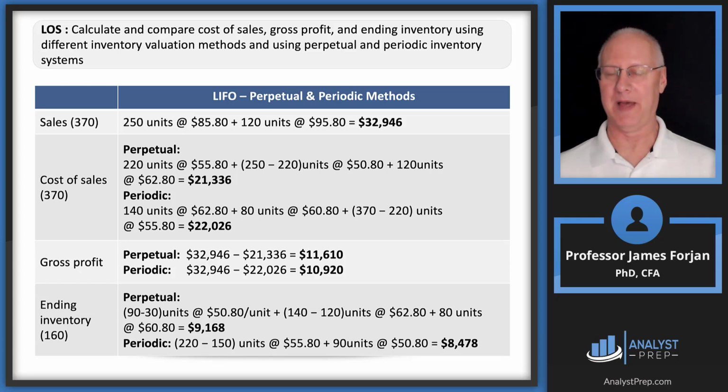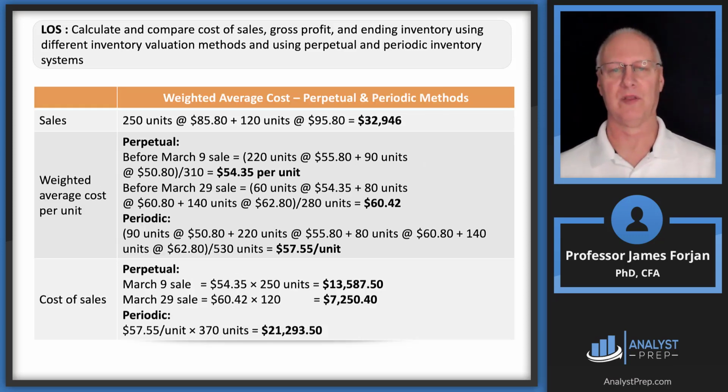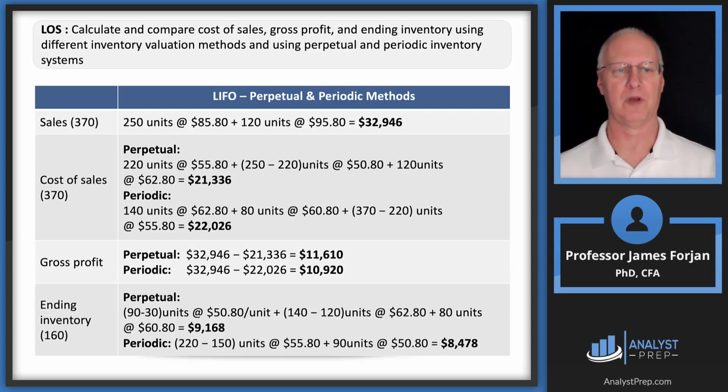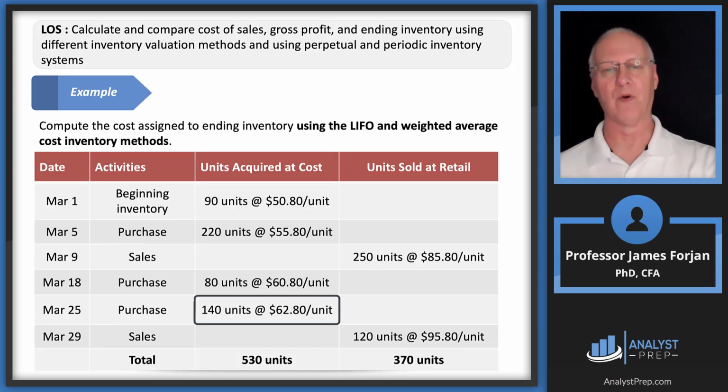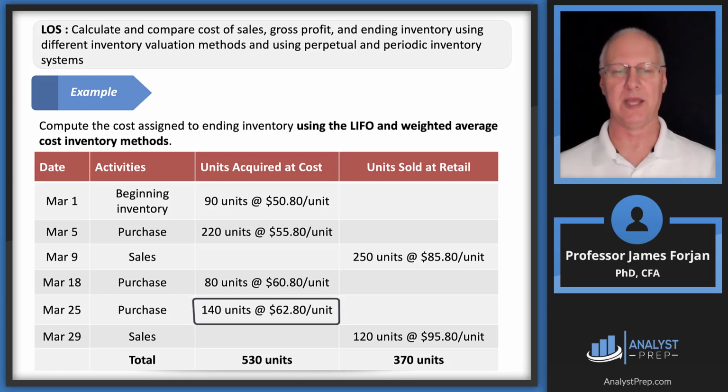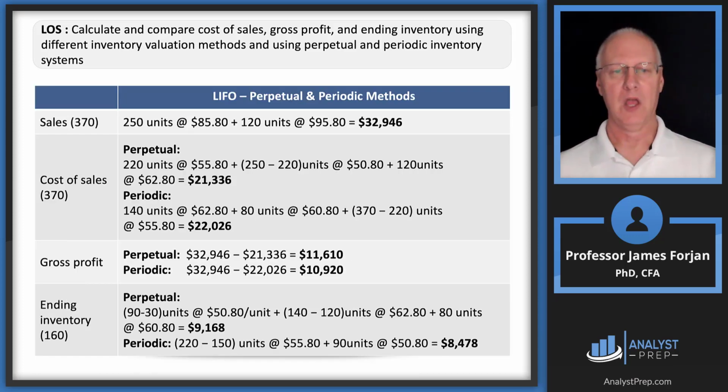Under the periodic method, remember, all we're going to do is go way to the end and then look back. So what did we sell? We sold 370. How did we sell those 370? Well, we sold the 140 that we bought at 62.80, then we sold the 80 that we bought at $60.80.